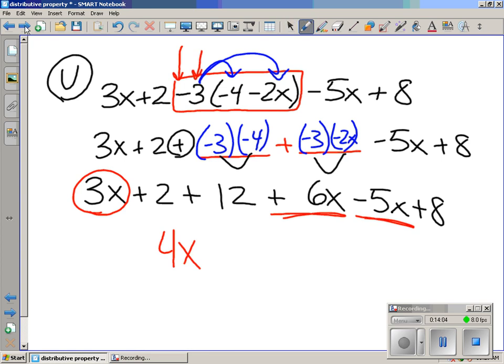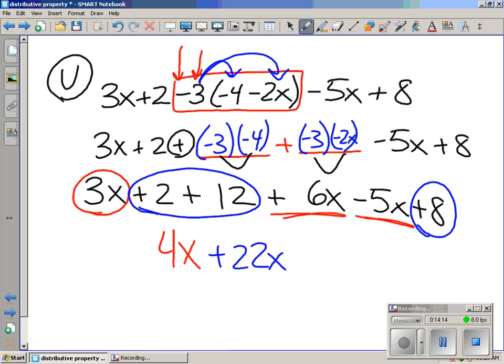Then we can combine the 2 and the 12, and we get 14. And we'll go ahead and add the 8. Oh, and that's just 22. And we'll complete the challenge problem in the next video.